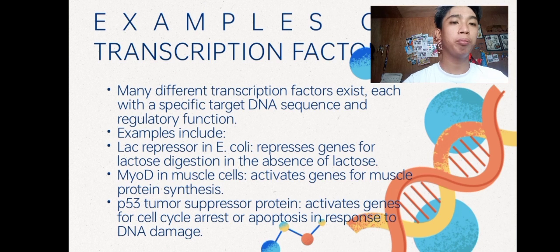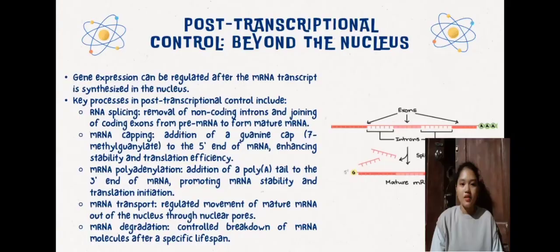We also have MyoD in muscle cells that activates genes for muscle protein synthesis. And last, we have the p53 tumor suppressor protein, which activates genes for cell cycle arrest or apoptosis in response to DNA damage. Let's proceed to post-transcriptional control.